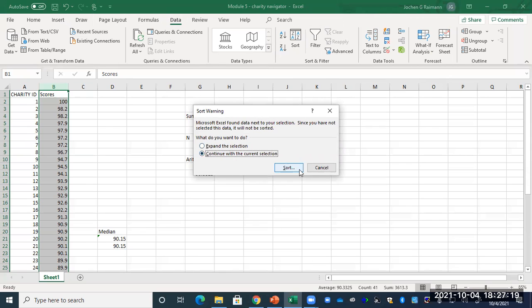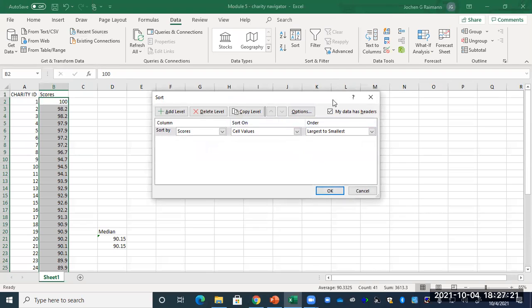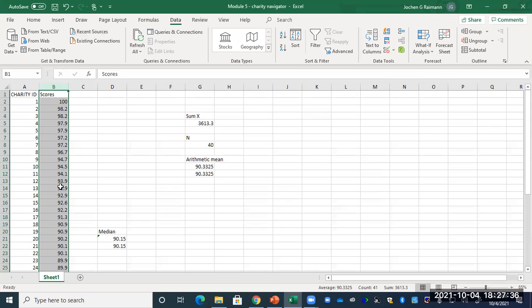If you go on sort, you get this interface. Then you select that your data has headers, which it has with this course here. Then you sort it from largest to smallest, or from smallest to largest, that's up to you. Then you look for the overall count, take the middle ones, and build an average of that. Okay?